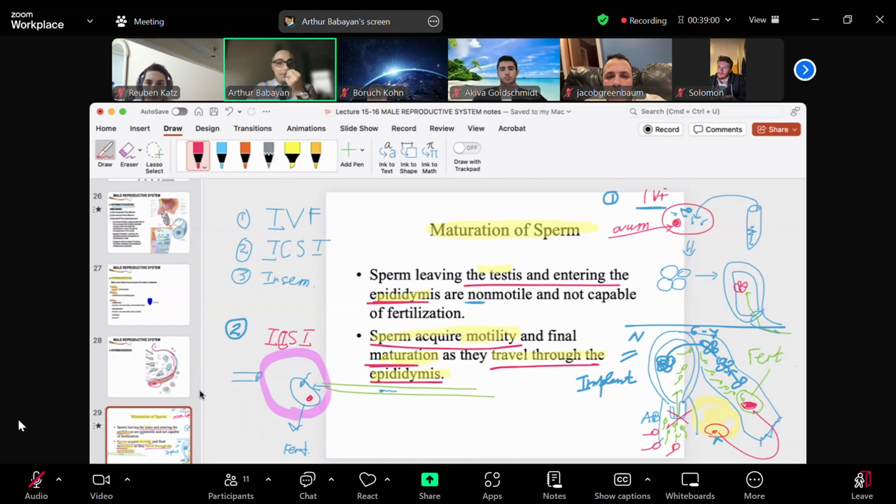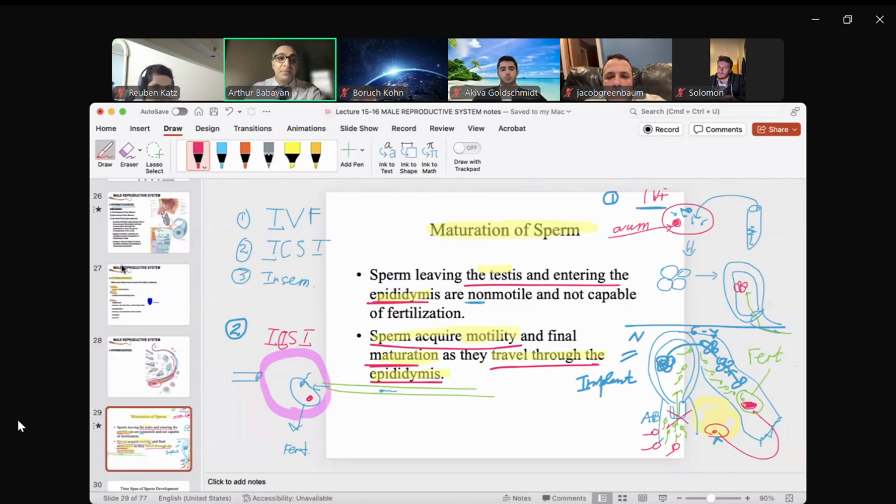Maturation of the sperm normally goes like this. But some students asked me previously about IVF and so on, and we do not have time at this moment. In IVF, in vitro fertilization, sperm and mature egg are taken separately and put in petri dishes, and then fertilization is made.